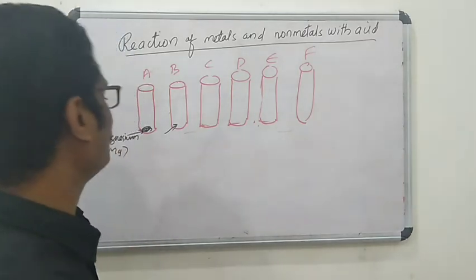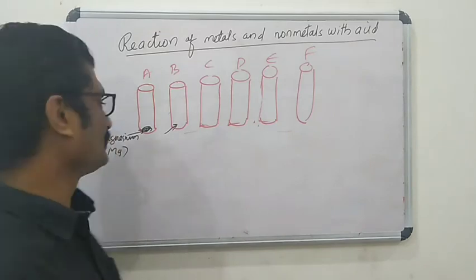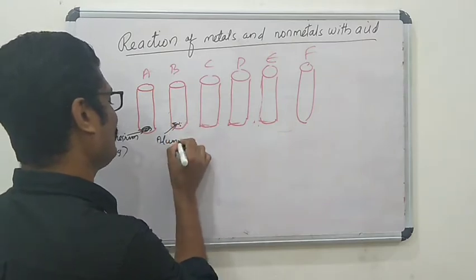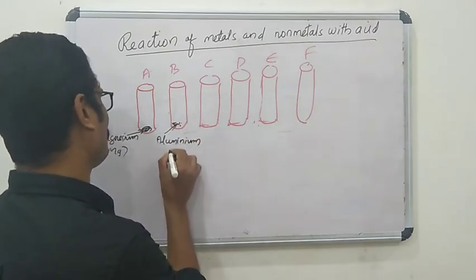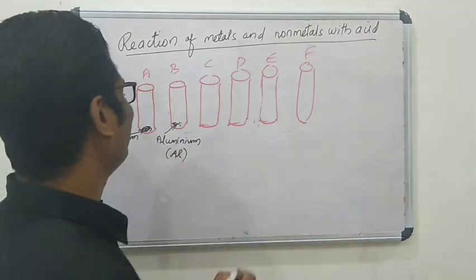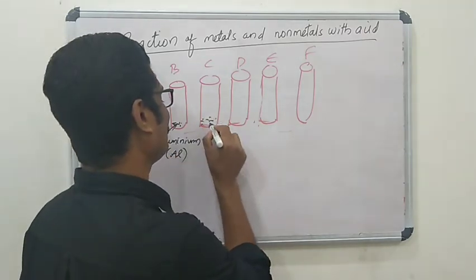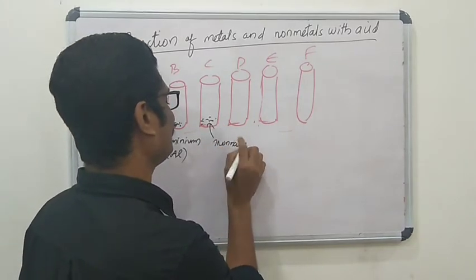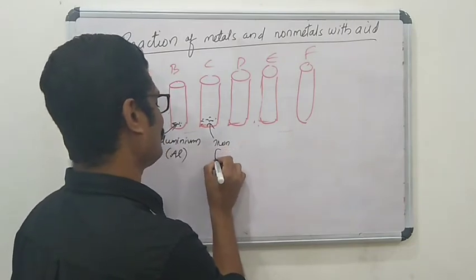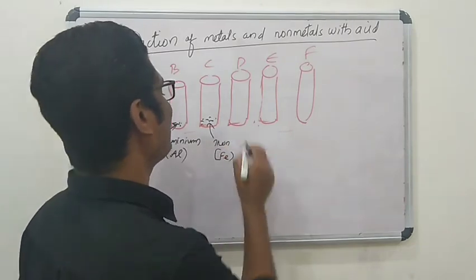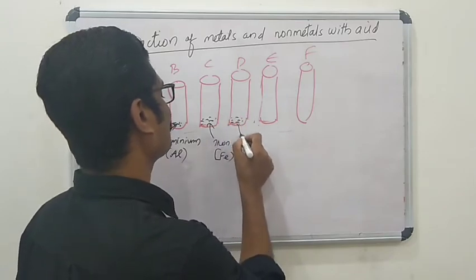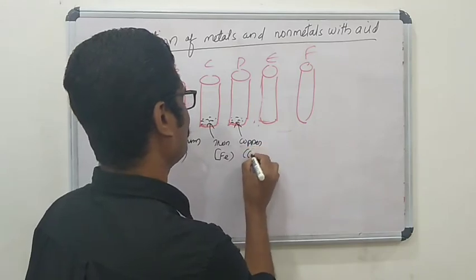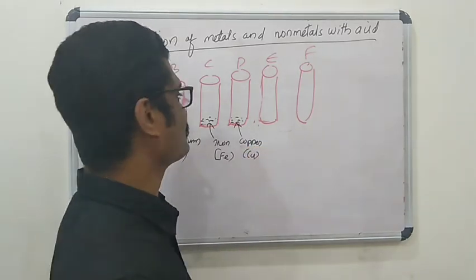Then in test tube B we can put aluminium foil, its symbol is Al, in test tube C iron nail, the symbol of iron is Fe, and in test tube D copper turnings, its symbol is Cu.